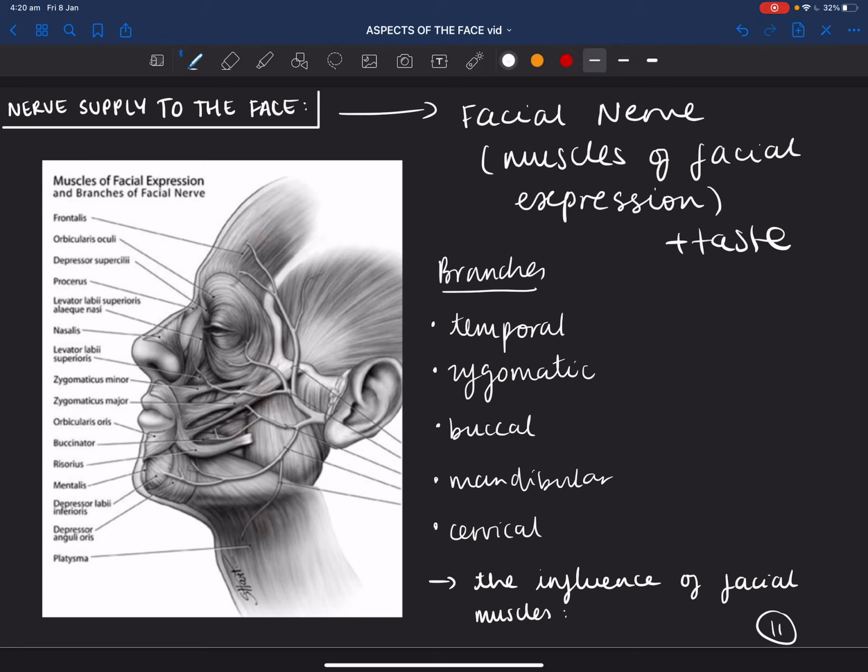Cervical just means neck. If you just know the names of the bones underneath, it's quite easy to remember these branches. These will innervate the muscles of facial expression, and they will also innervate the digastric posterior belly and the stylohyoid muscles. Those are neck muscles, which we'll go into in a little bit more detail.